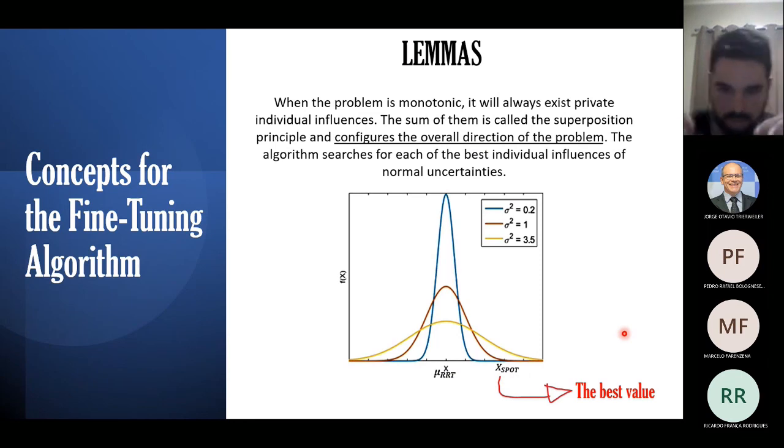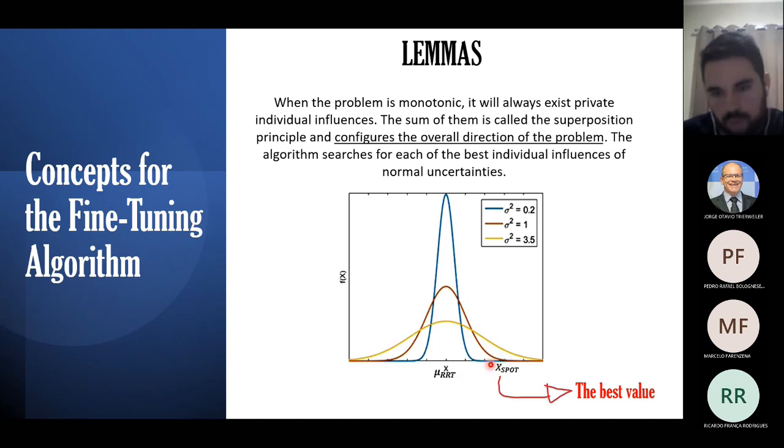If we look at this graph right now, we are going to see three different normal distributions, okay? We have an uncertainty X that, based on our recent data, has an average mean, okay?